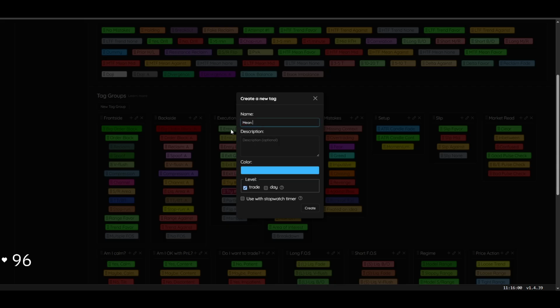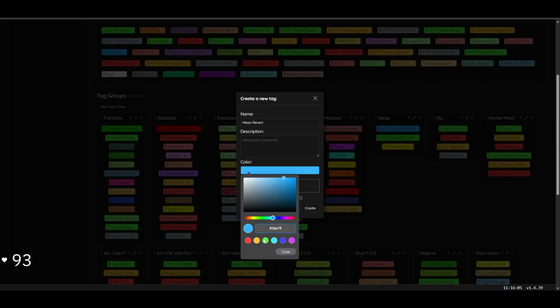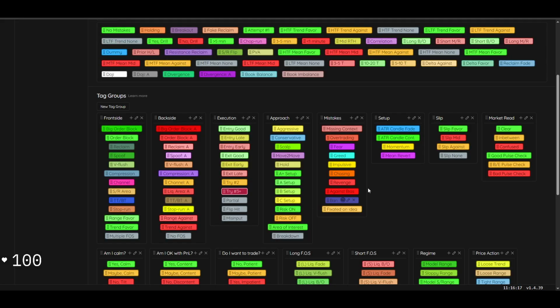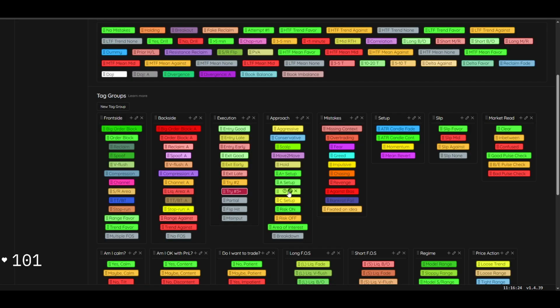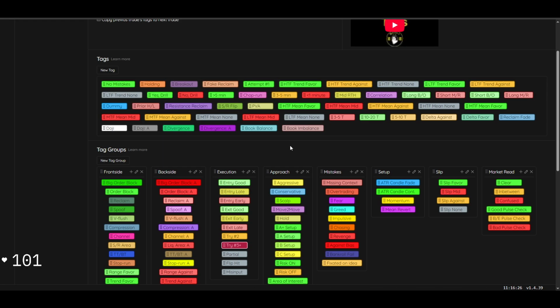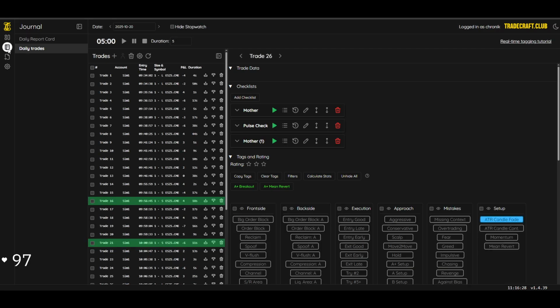Mean revert. I don't want this to be exclusive because they complement each other.